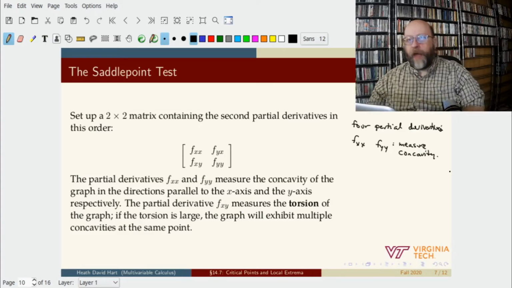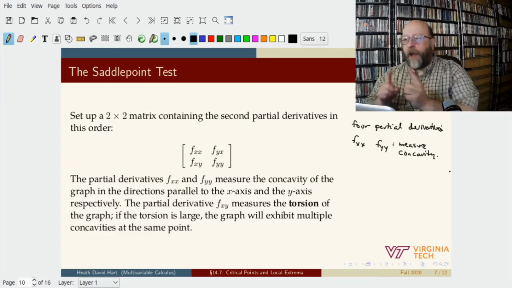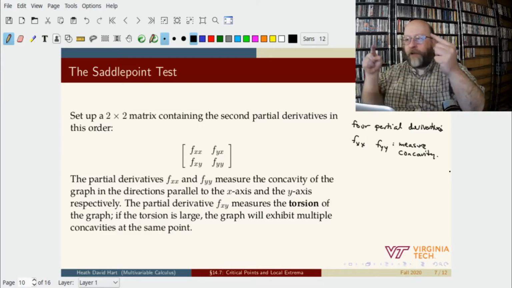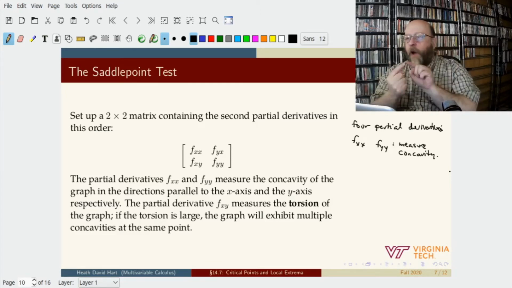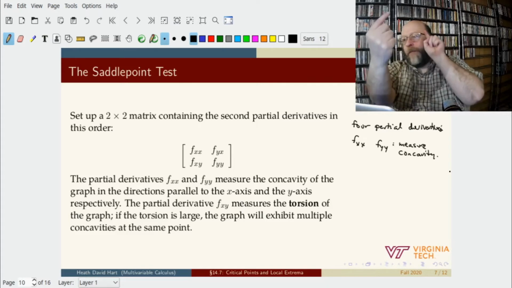If fxx is positive, the graph is concave up in the x direction. And if fyy is positive, the graph is concave up in the y direction.